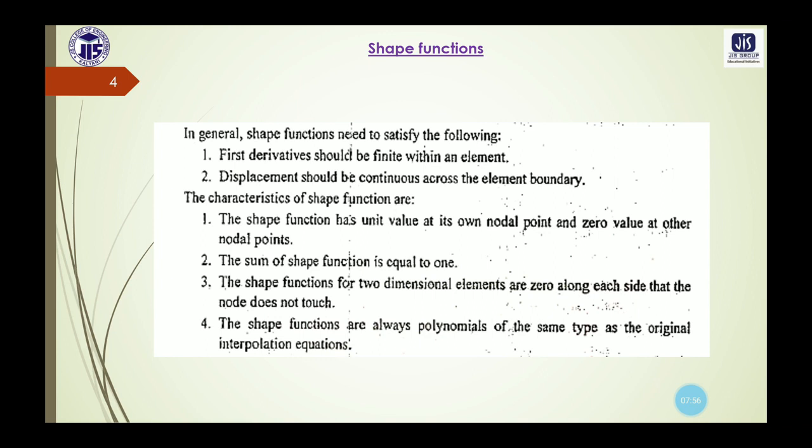Next, the shape functions for two-dimensional elements are 0 along each side that the node does not touch. And number 4, the shape functions are always polynomials of the same type as the original interpolation equations. These characteristics of the shape functions we need to remember. It will be helpful to solve the numericals.